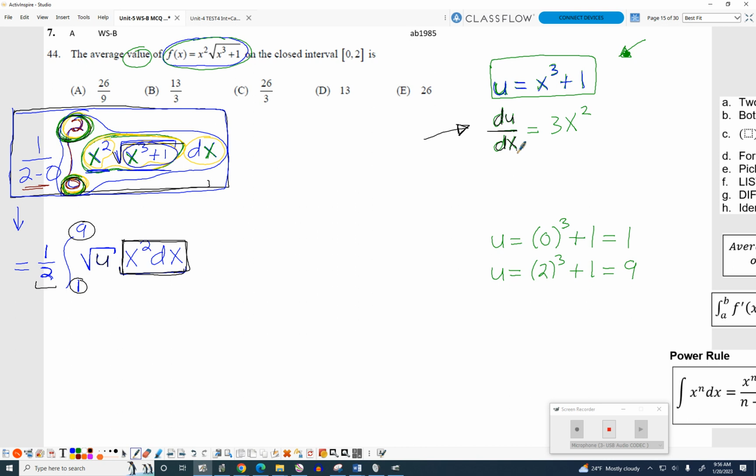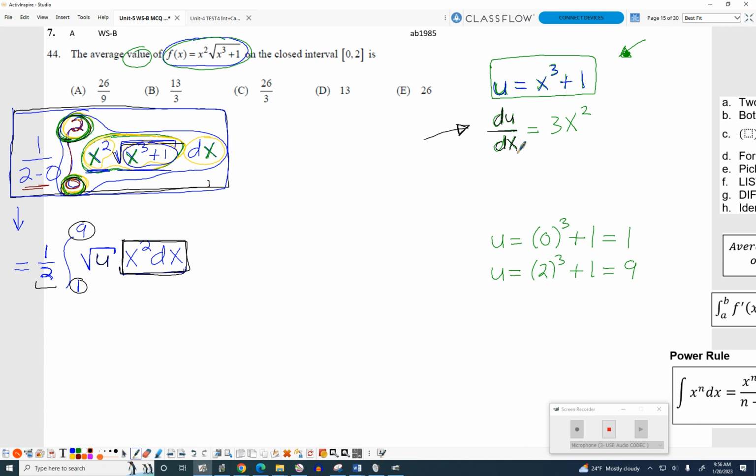So then, divide. We can't divide 2 points. What can we do? Can you rearrange it so that you're applying the dx operator to x squared? Yeah, we can multiply both sides by dx.